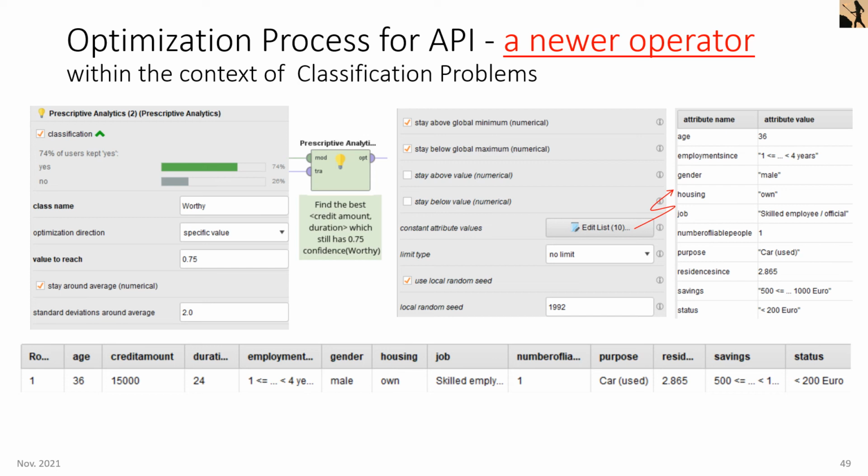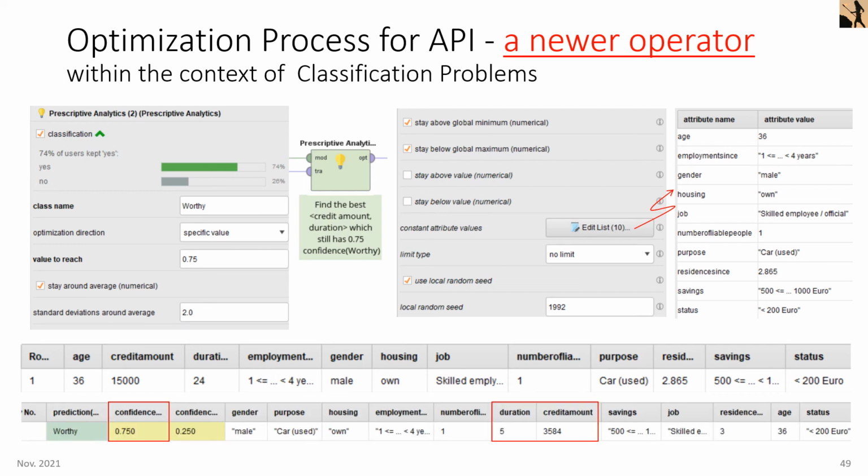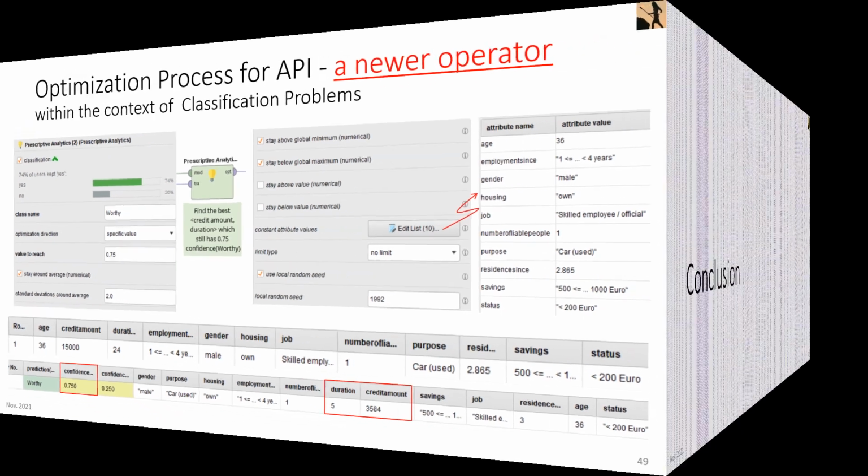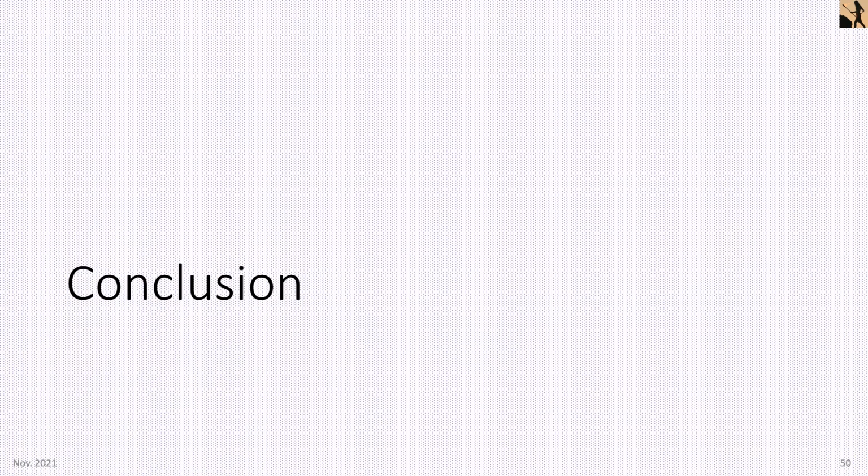But anyway, here, just for illustration purposes, we set it as a constant. So we run it, and this operator is actually much faster than the previous operator from the extension. Okay. Quickly.